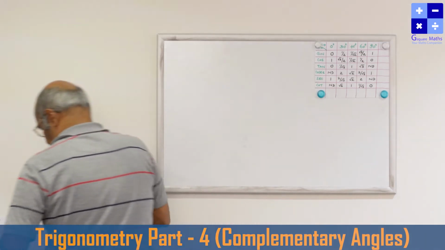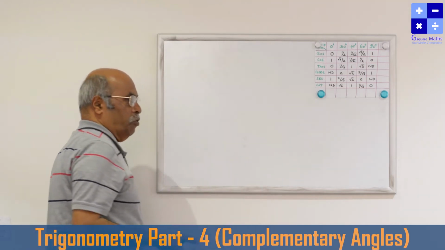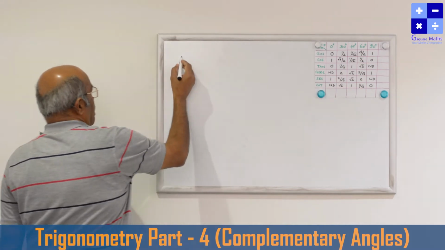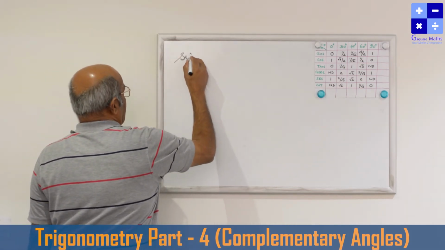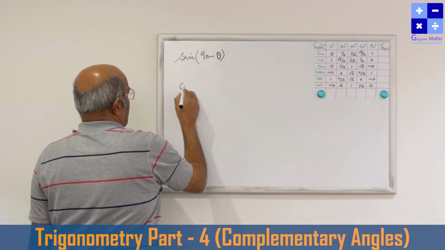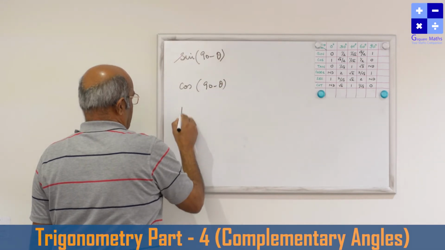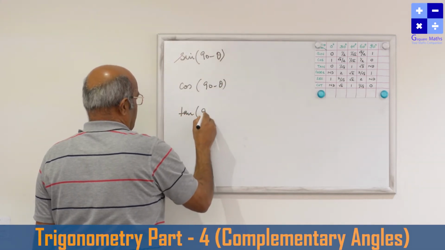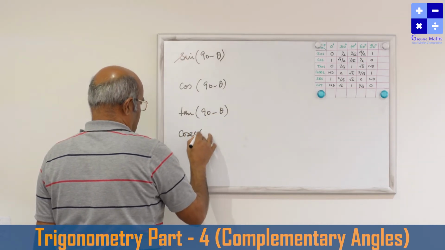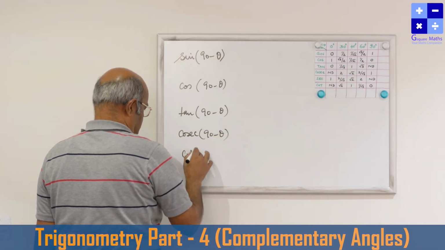Alpha and beta, the sum of the two angles should be 90 degrees, then they are said to be complementary to each other. Now, what I want to see: sin theta we know, cos theta we know, tan theta we know, cosecant theta, sec theta, cot theta we know. Now the question is: sin of 90 minus theta, cos of 90 minus theta, tan of 90 minus theta, cosecant of 90 minus theta, cot of 90 minus theta.